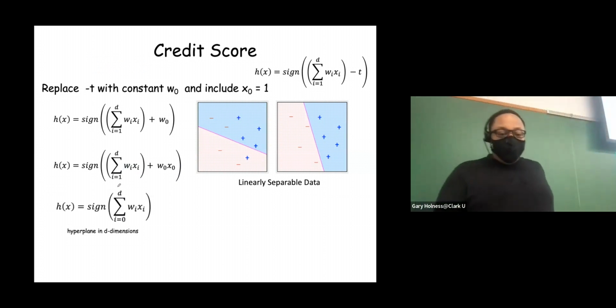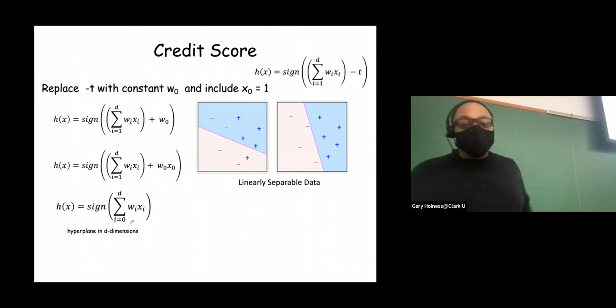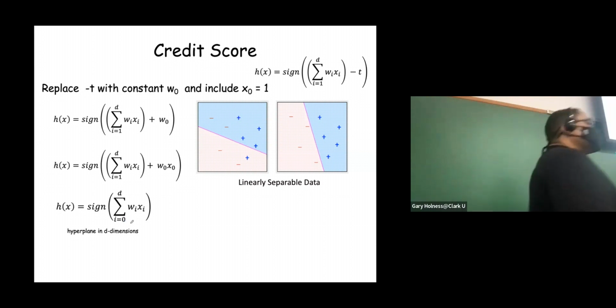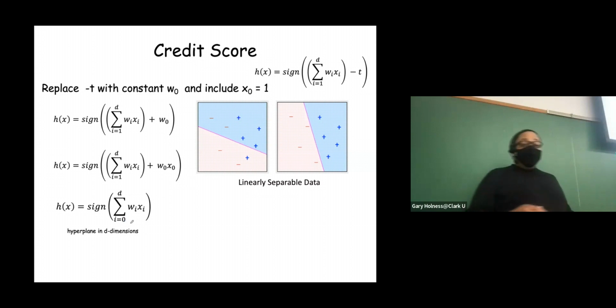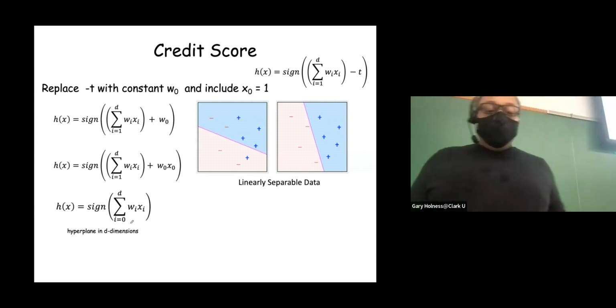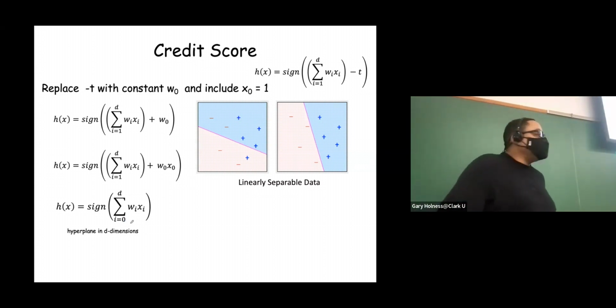So we rewrite our expression. It's now sine of this weighted sum for i index goes from 0 to d of wi times xi. It's just a recasting of what we had before by absorbing this constant minus t, our threshold, or like the y-intercept in two dimensions, with this little bit of notation change.